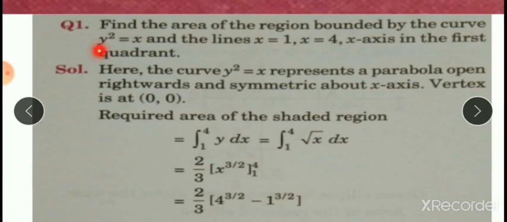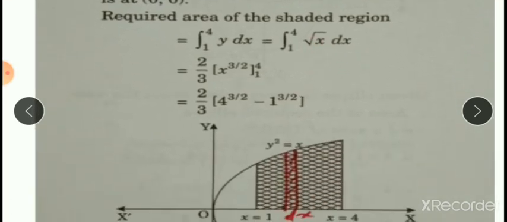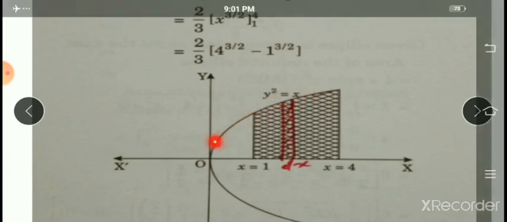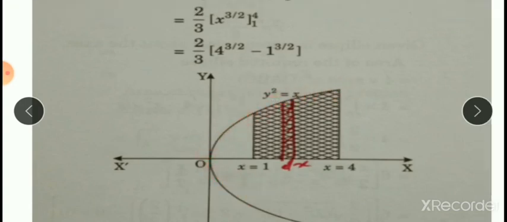Our curve is y² = x. This is showing a parabola. These are two lines, x-axis and first quadrant. This is the shape of the parabola. Line x = 1, line x = 4. This is line x = 1.